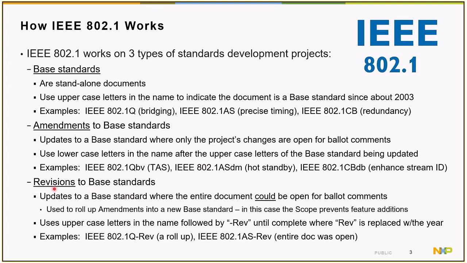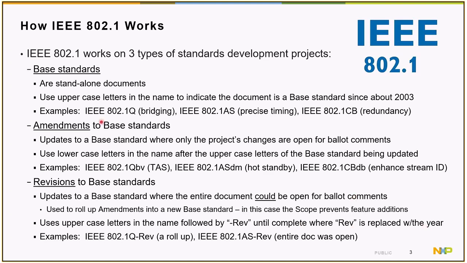Now, revisions to base standards are used sometimes. They update a base standard where the entire document could, and I do stress could, be open for ballot comments. It's used to roll up amendments into a new base standard, and in this case the scope prevents feature additions. It uses uppercase letters followed by rev until they are complete, where the rev is replaced by the year.